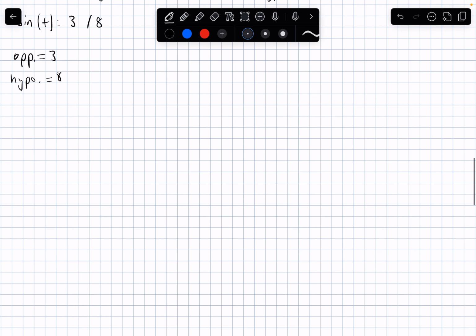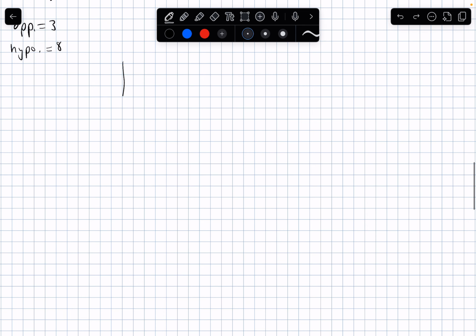Okay, so let's get started by drawing a coordinate plane. If we label these axes, these are the quadrants of the unit circle.